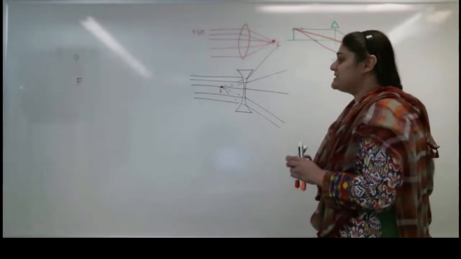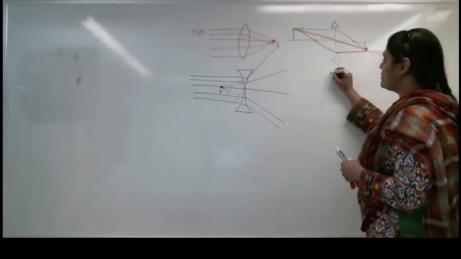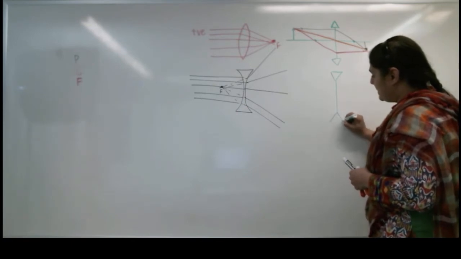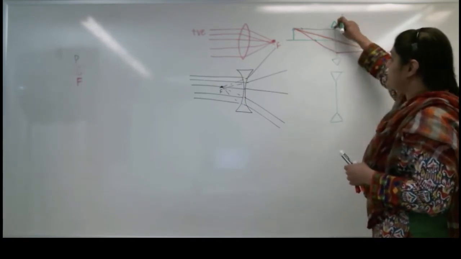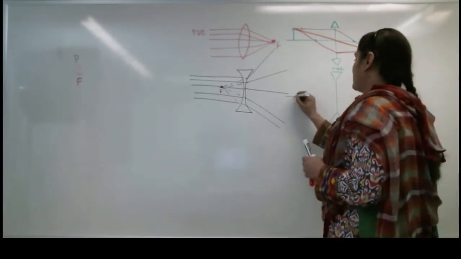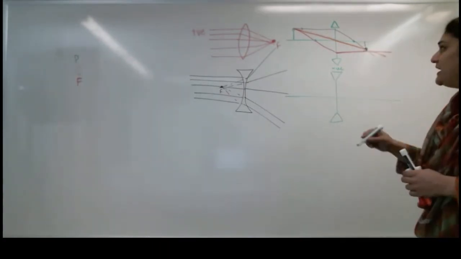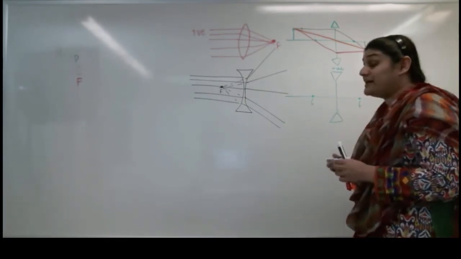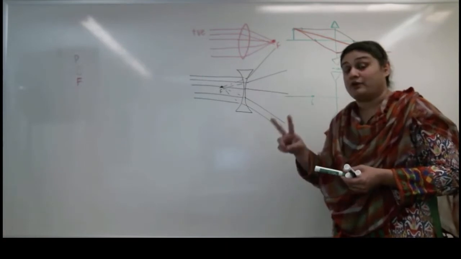For the negative lens, the way I'm going to draw the lens is this way, empty. This shows it's a negative lens, and it will also have an optical axis. I'm going to assume that my focal points are here. Now again, it's a lens, right? So we're going to have to use both focal points.